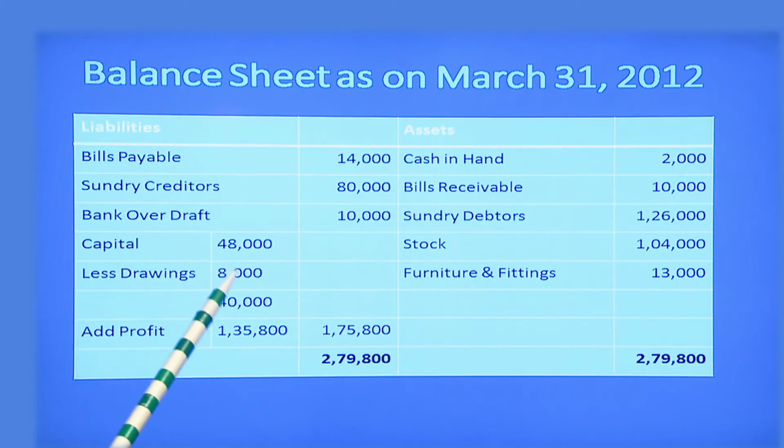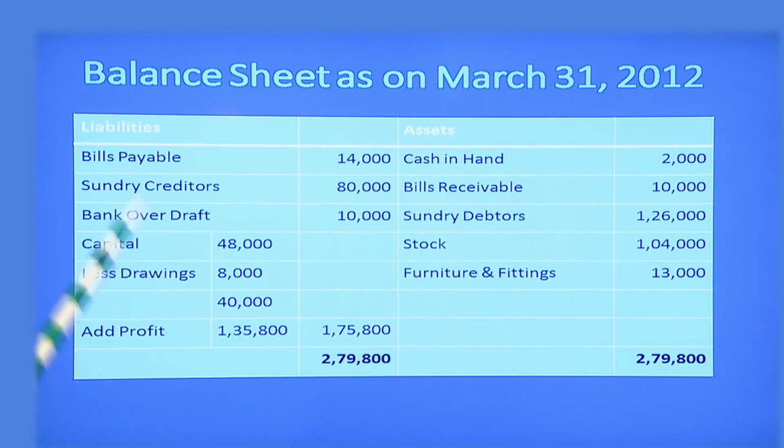And drawings will be deducted, and after deducting the drawings and adding the profit, you will get a certain amount. That amount, that is 1,75,800, will be written only in the outer column. That is the capital amount that you will show in the balance sheet.